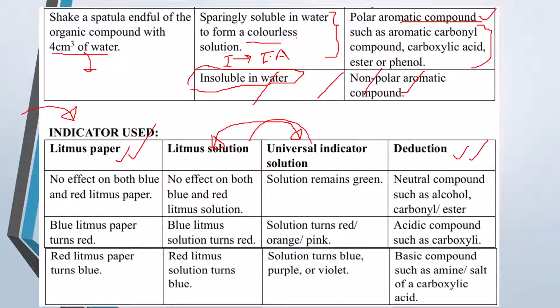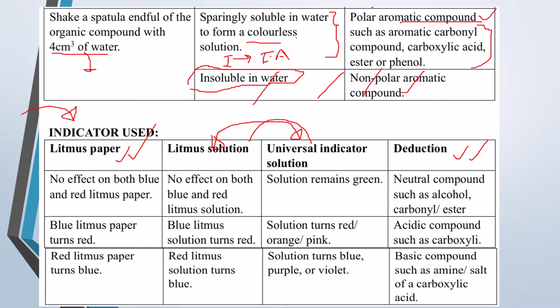So if they have told you that after dissolving, test the filtrate or whatever the resultant solution on both the blue and red litmus paper, when you're recording your observation, you are supposed to state what you have observed on both the blue and red litmus paper.